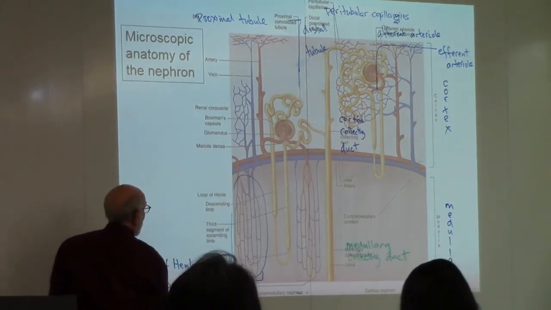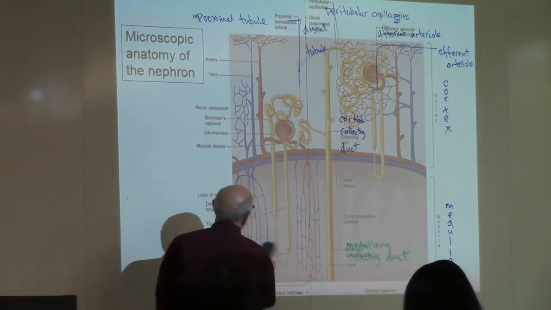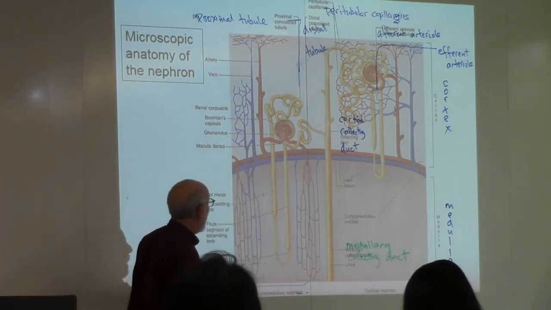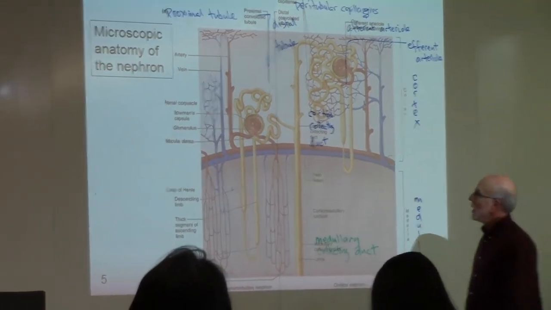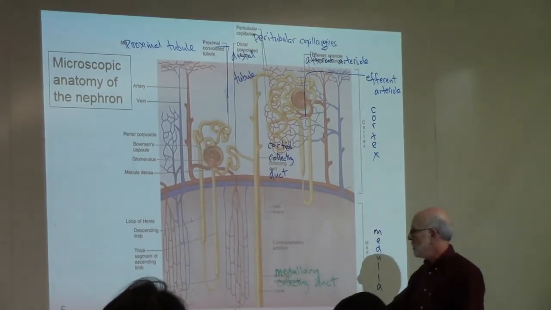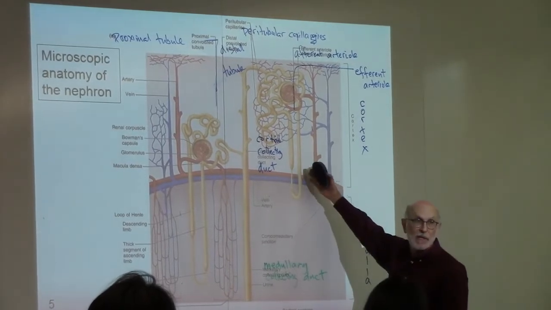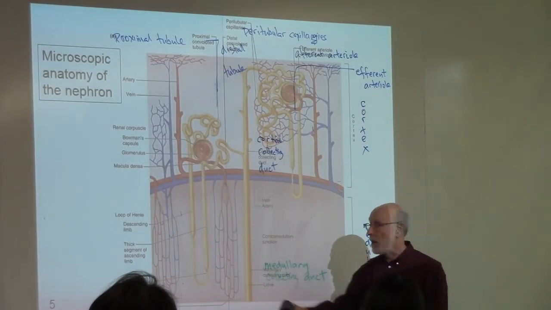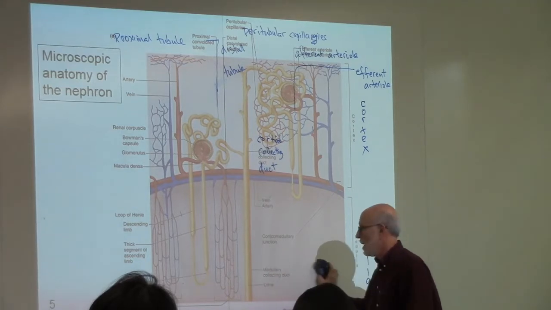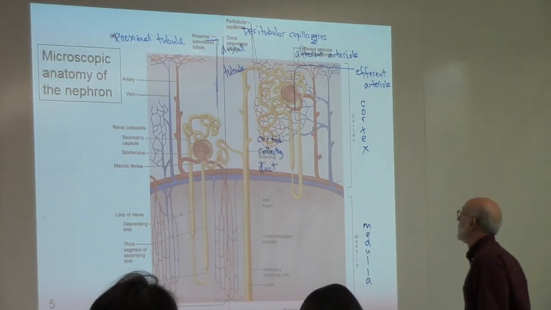Descending loop of Henle, ascending thick thin we don't care about. Vasa recta we got. I guess it was pointing to the name of nephrons. So this is a cortical nephron, and this is a juxtamedullary nephron. I don't even know if we have that.